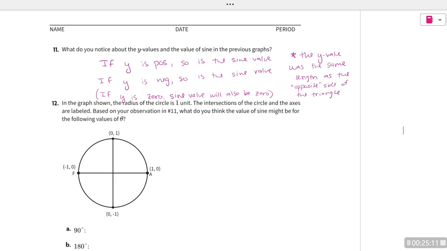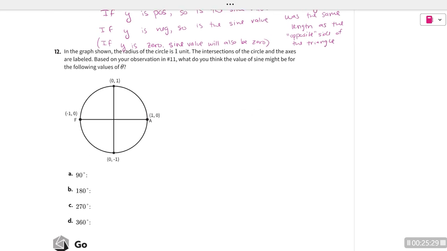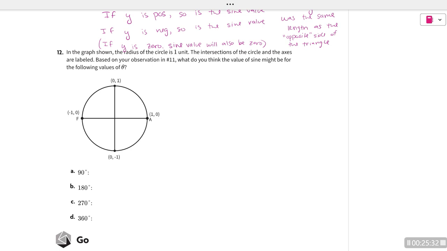Okay. Question 12. In the graph shown, the radius of the circle is 1 unit. The intersections of the circle and the axes are labeled. Based on your observations in number 11, what do you think the value of sine might be for the following thetas? And it gives us 90, 180, 270, and 360.